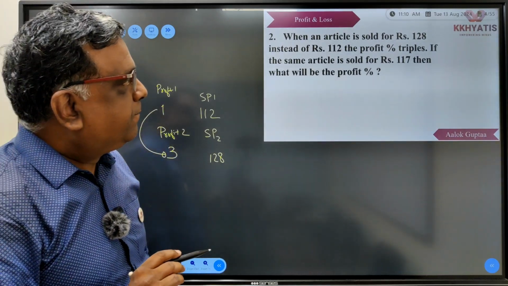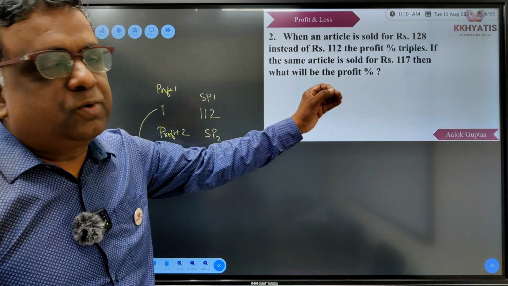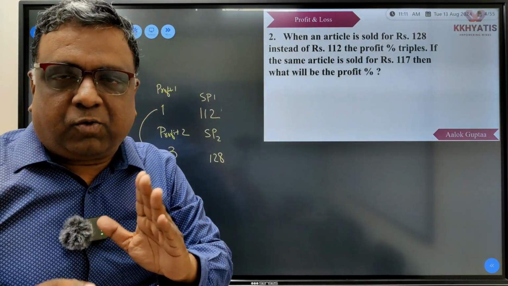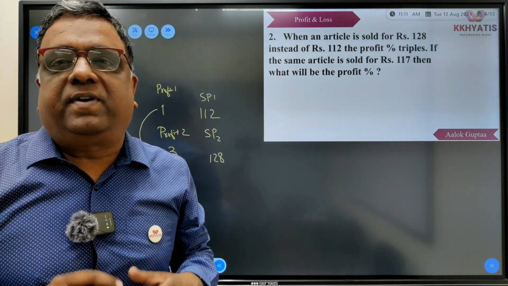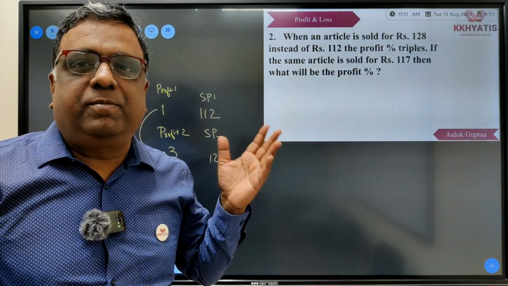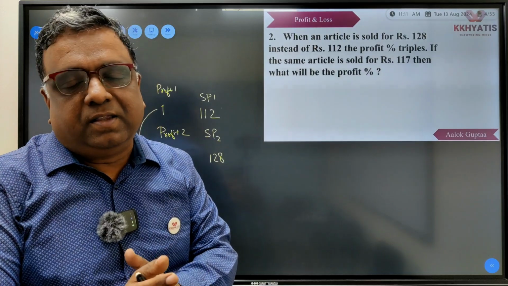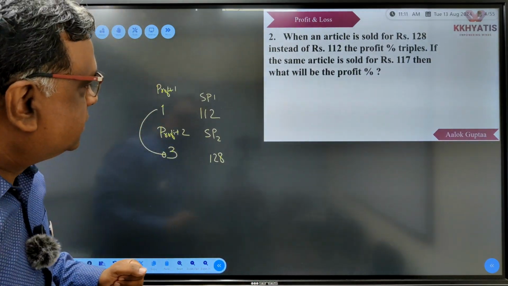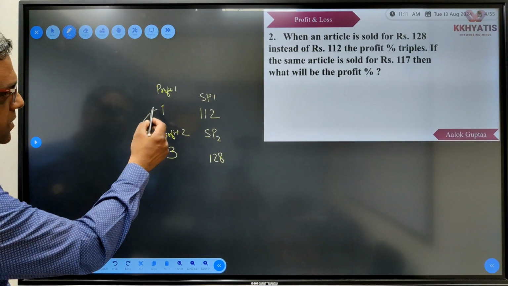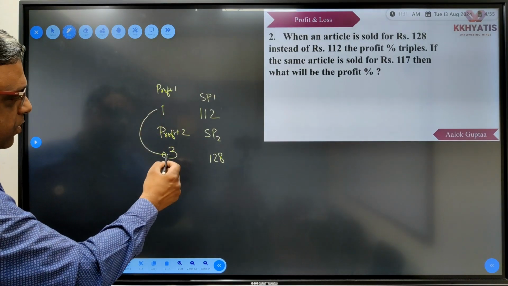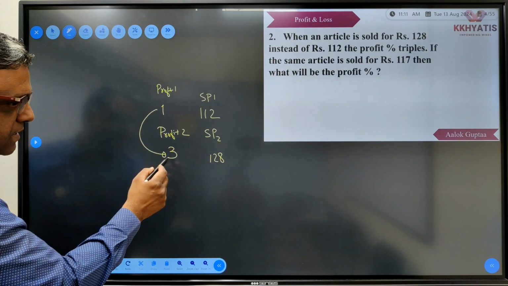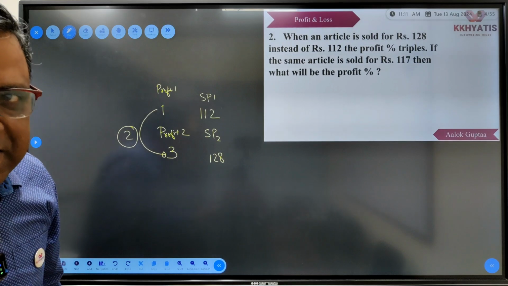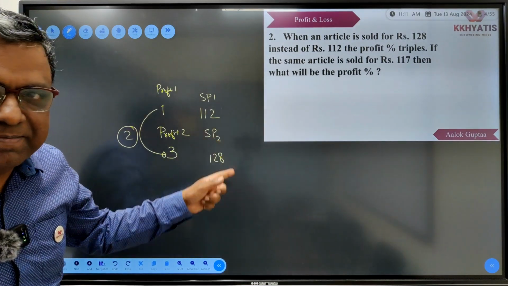Correct? If the same article is sold for rupees 117, what will be the profit percentage? Now what should be our objective? Our objective is to find the cost price of the article. If we are able to find the cost price of the article, then we will be able to find the profit percentage also. So what is the difference between the profit in the first scenario and the profit in the second scenario? The difference is 2. And that difference is because I have changed my selling price.